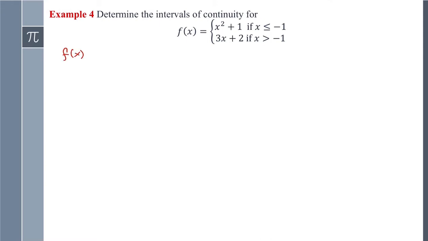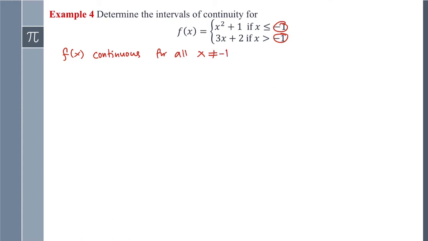That means f of x is continuous for all x. And then we cannot say anything about this point, we have to check this x value, -1. So we'll say f of x is continuous for all x except -1.